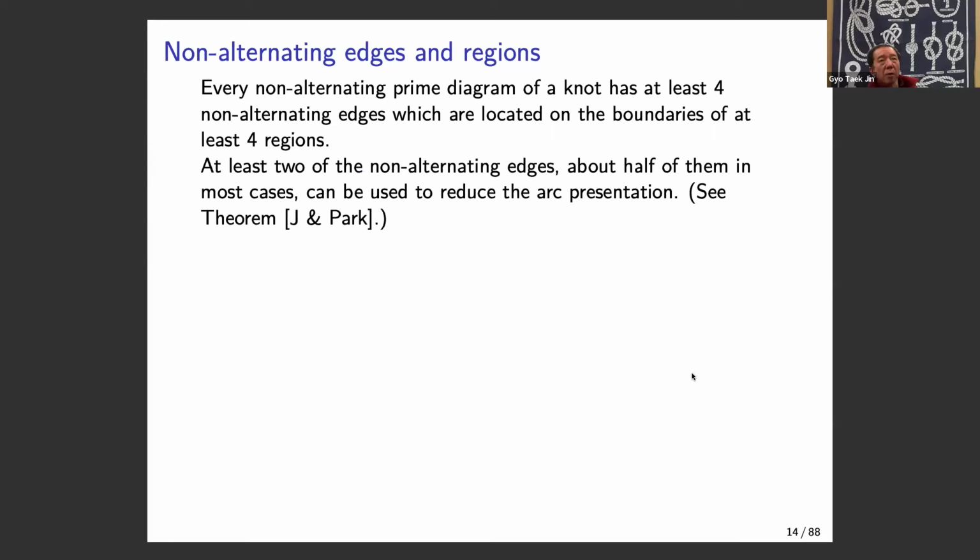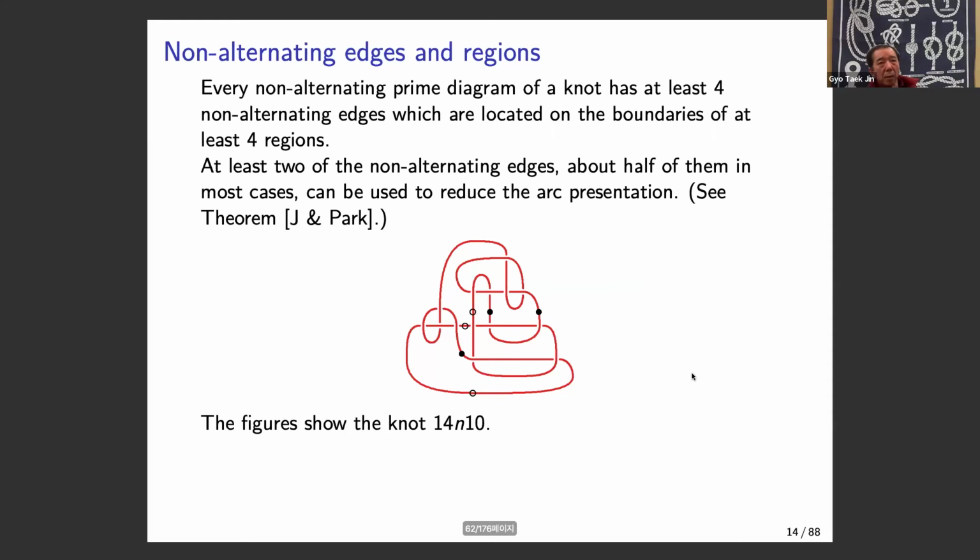And at least 2 of the non-alternating edges, and about half of them in most cases, can be used to reduce the arc presentation. That's proved in an article with Wangdon Park.